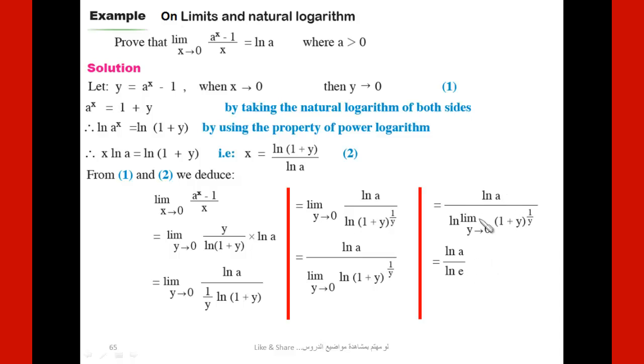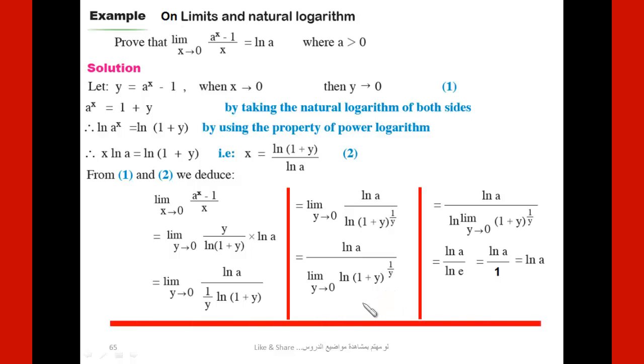So this fraction will be ln A over ln E. And what is the value of ln E? Ln E from the previous properties equals 1. And we write ln A over 1, which equals ln A. So limit A power x minus 1 over x when x tends to 0 equals ln A.